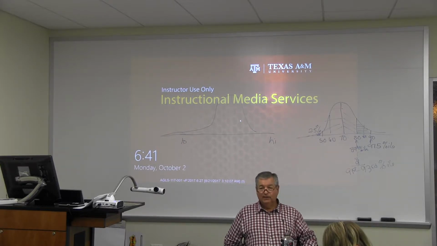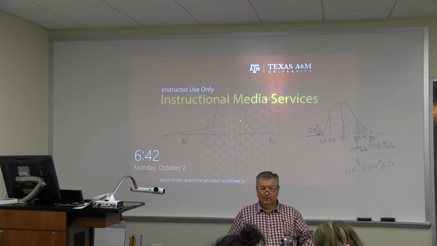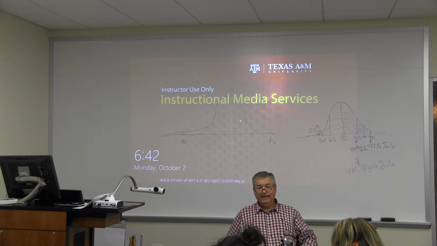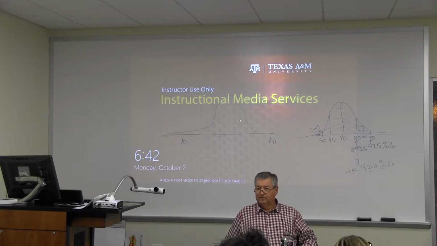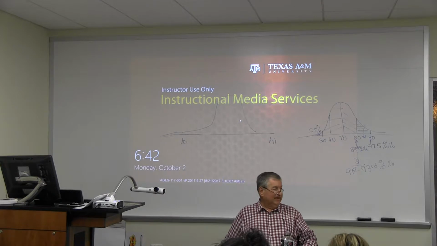Let's do it 20 times. What's the most likely outcome? 10 and 10. Yeah, then 11 and 9, 12 and 8, on down to 20 and 0, or 0 and 20.